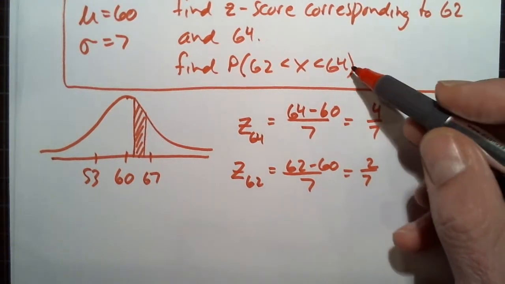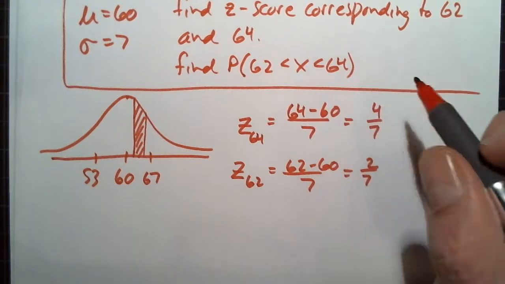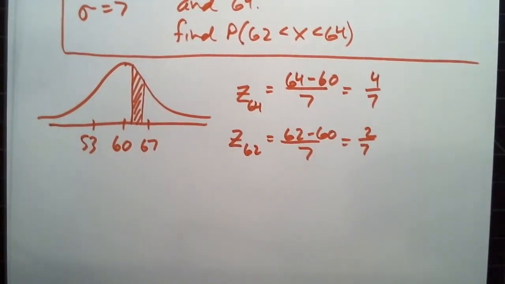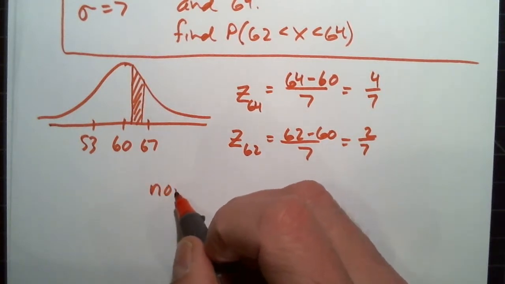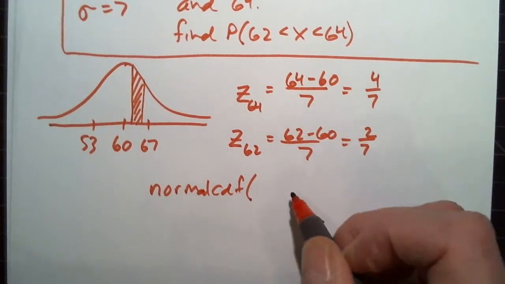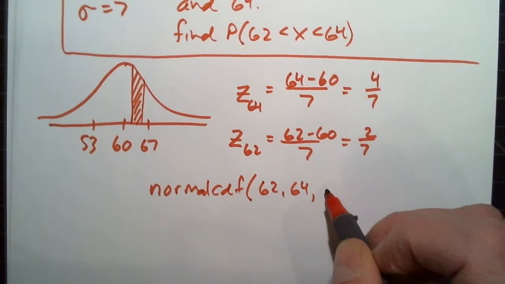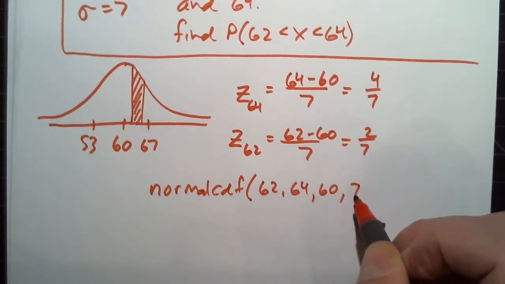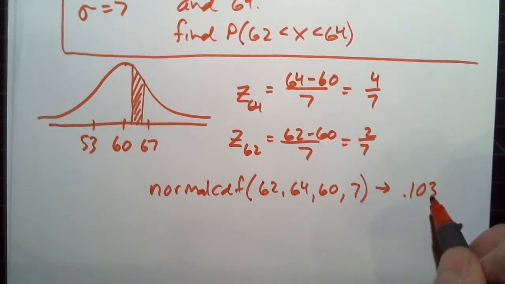We can find this probability using z-values or x-values with the calculator. If we use the x-values, we'll have normal CDF, and it's going to go from 62 to 64 with a mean of 60, standard deviation of 7, and we'll get 0.1037.